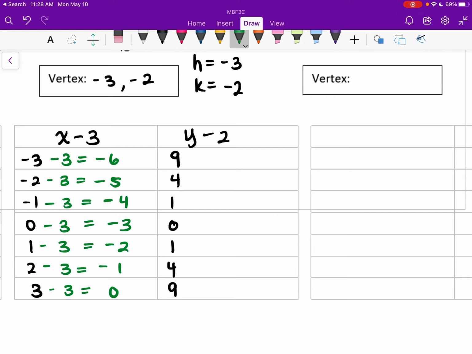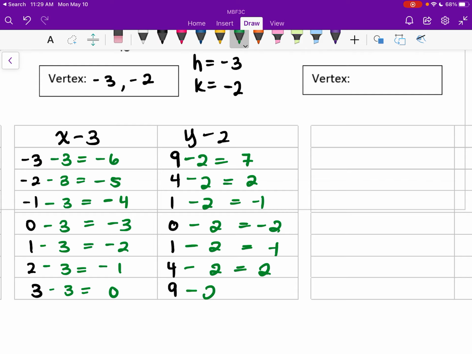My new y values are going to be y minus 2, so I'm going to put in 9 minus 2, 7. Right?